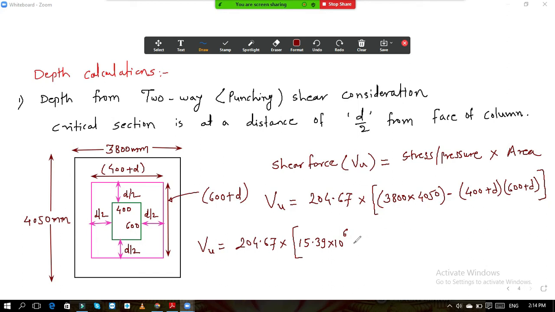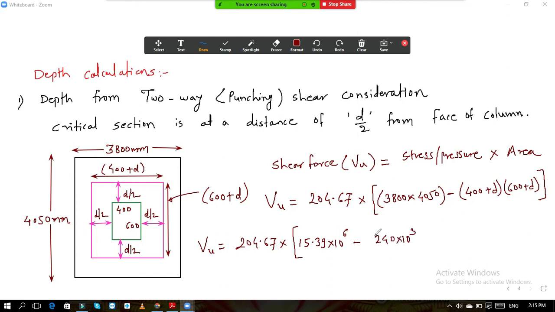This minus, now this is the minus sign. Now do this calculation. 600 into 400 is 240 into 10 raised to 3.